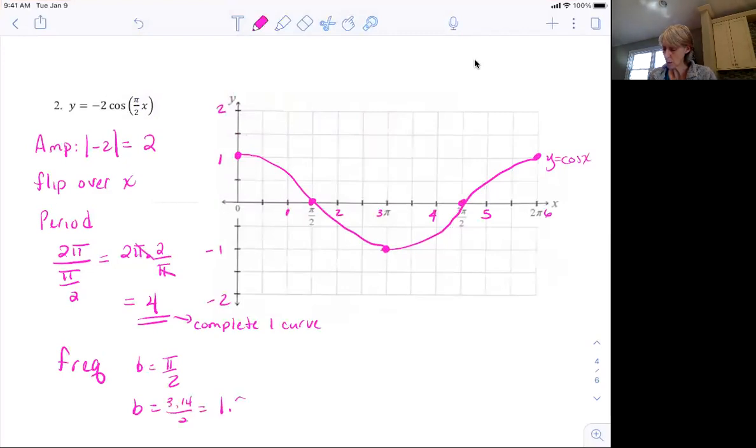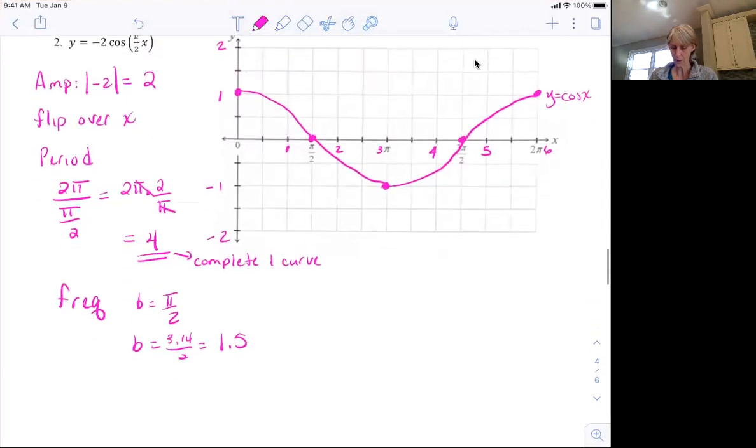We're going to see 1.5 curves by pi over 2, or 1.5. I'm sorry. We're going to see 1.5 curves by 2 pi.